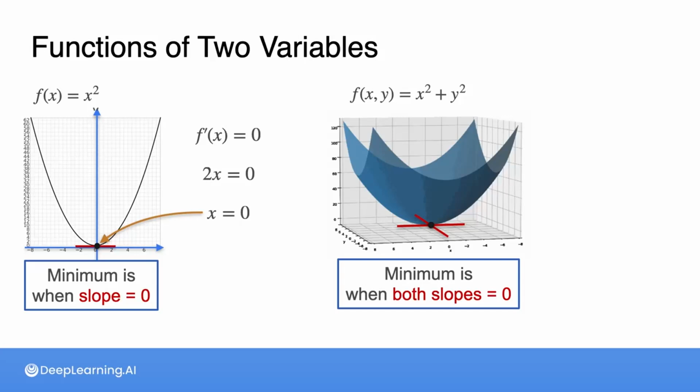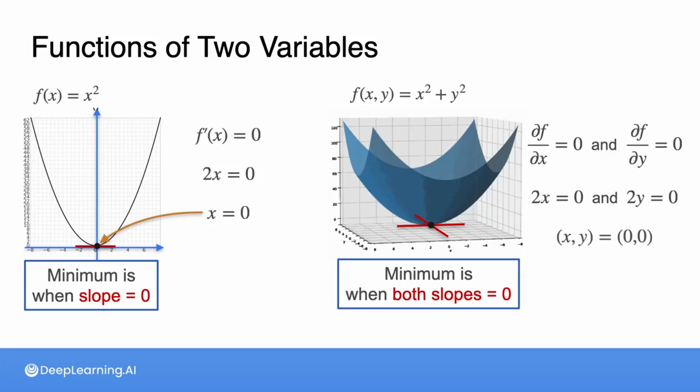Now what happens when we do this in more variables? Well, you want the two partial derivatives to be 0. That means df over dx and df over dy are both 0. Now what's df over dx? That's 2x, and df over dy is 2y. So you want 2x equals 0 and 2y equals 0. That's the same as the point x comma y equals 0, 0, which is this point over here.